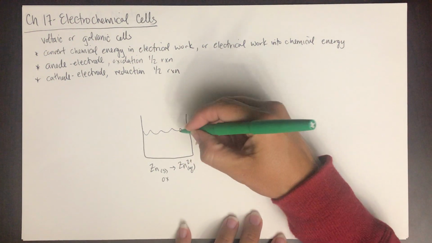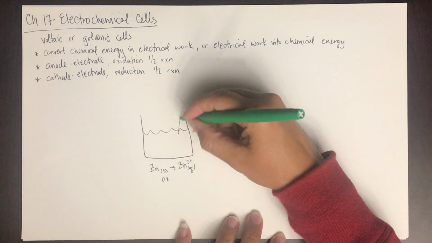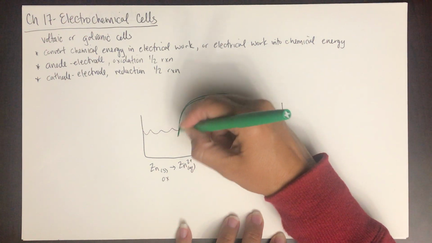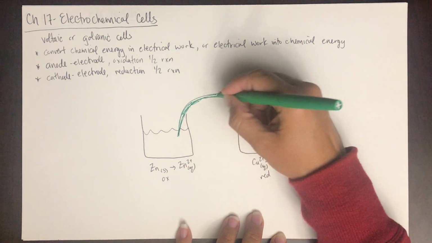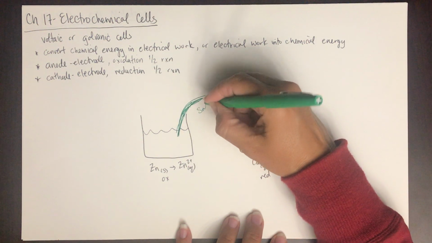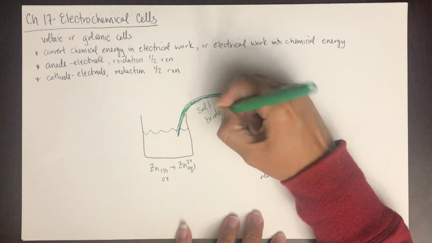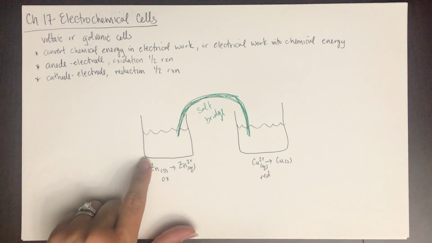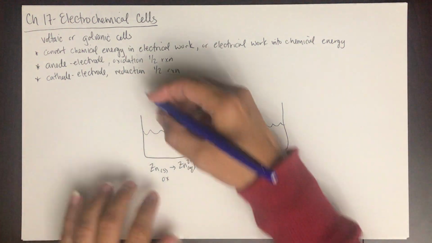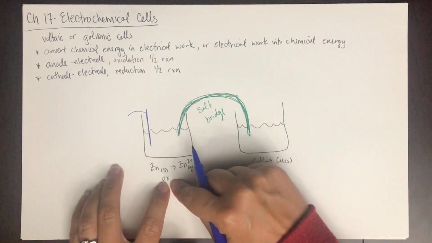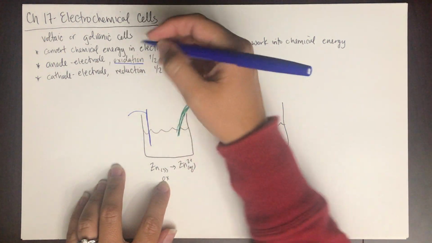In the lab, what we would have is a filter paper kind of folded over. This is just a piece of paper, or it could be something called a salt bridge. It allows the current to be completed. In the oxidation part of the reaction, there is an electrode, called the anode.